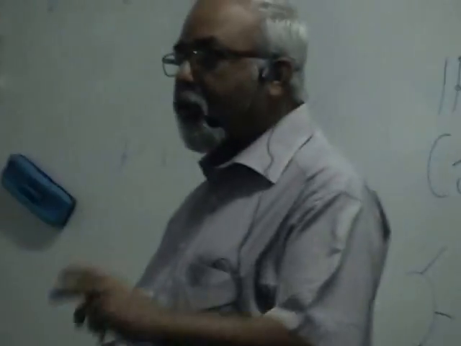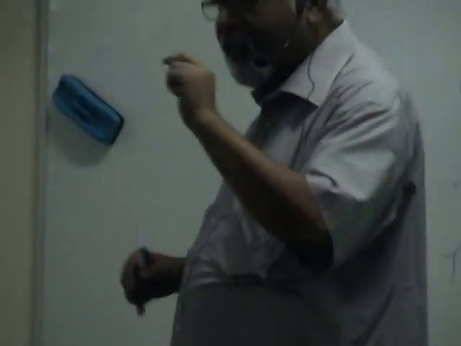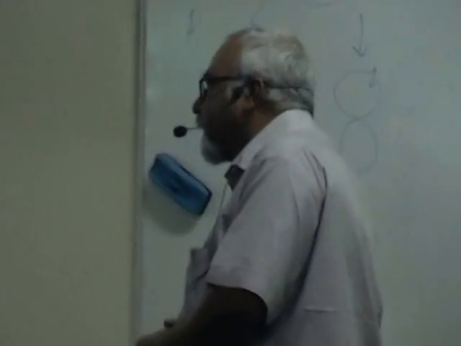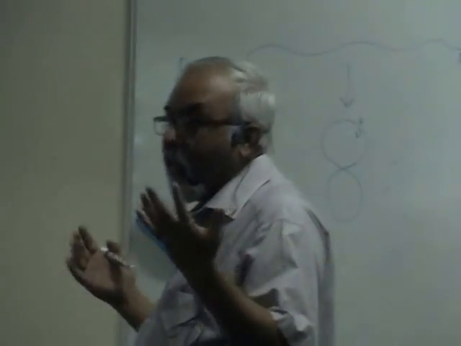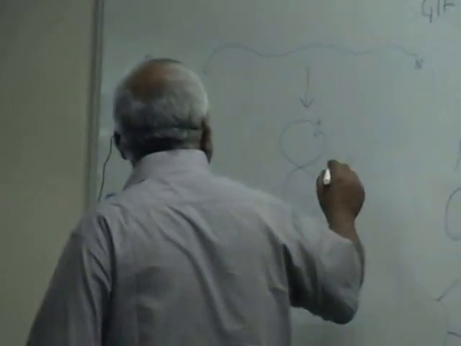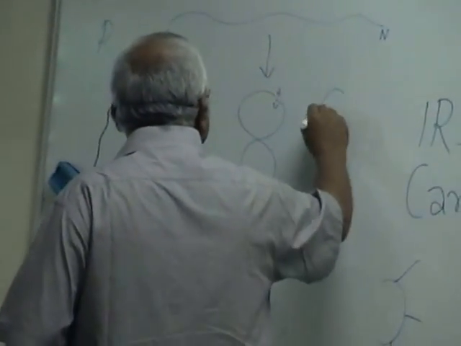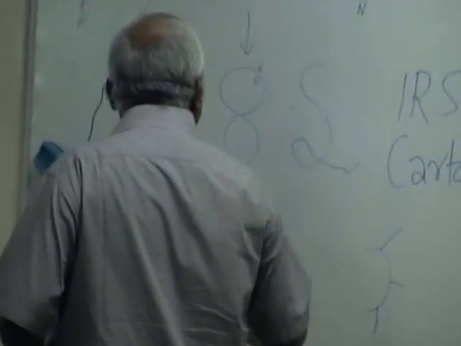Now I have drawn this on purpose. Okay, I'll show you some protein structures. Then you will know what the intricacies in folding of proteins are. So what will happen if this could also fold like this?